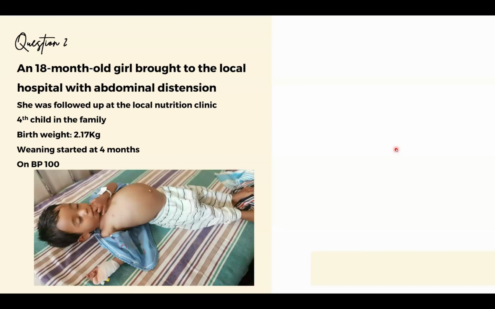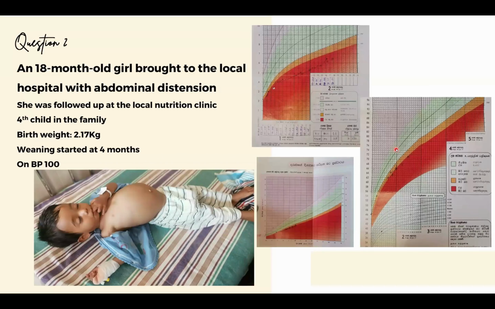In Sri Lanka, we have a free health system, but unfortunately the patient was not followed up at a pediatric clinic. And if you see the weight, this is very obvious. Even though the weaning was started here, the patient was on BP 100 throughout, but there's no weight gain. There's a bit of weight gain.